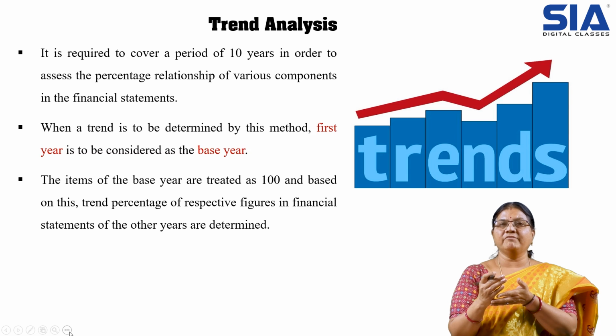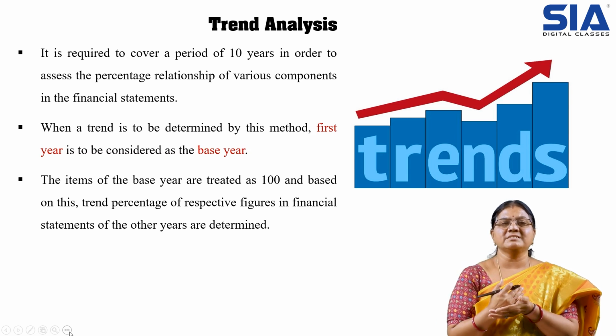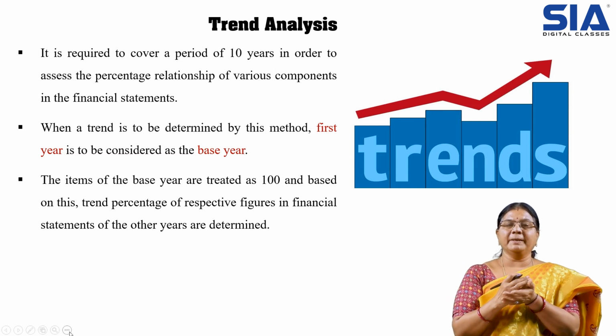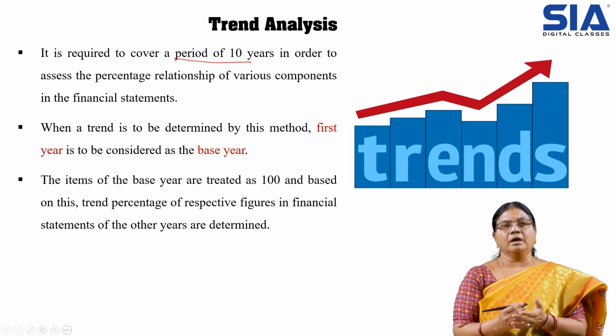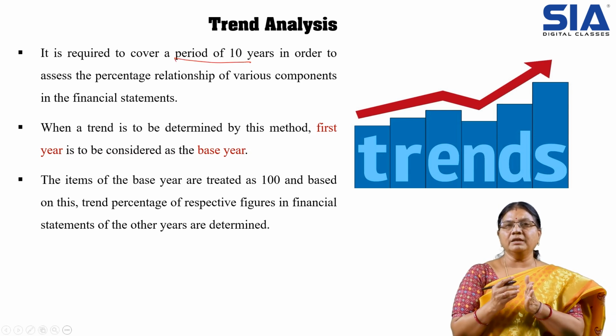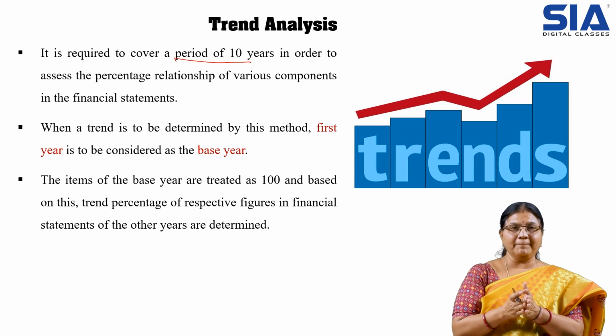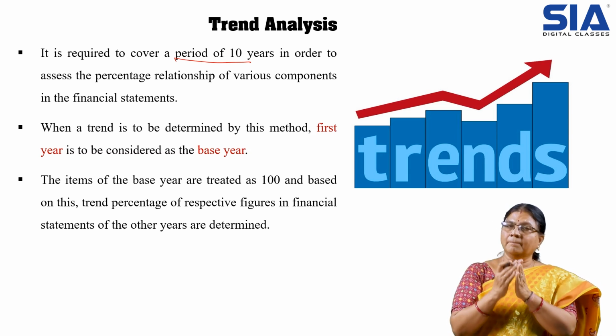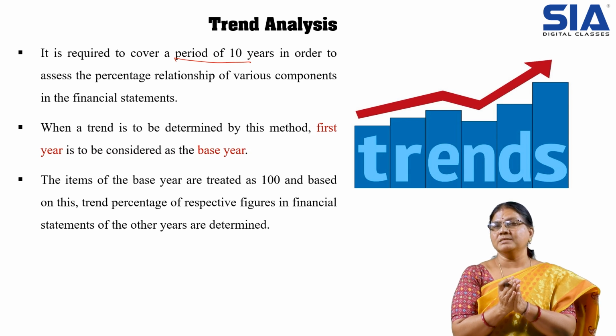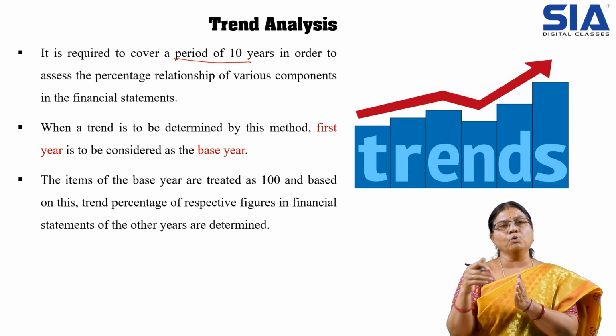So first of all, when we are trying to do the trend analysis, we should cover a period of at least 10 years, so that we can understand whether the position of the company is moving in a favorable or positive direction, or it is performing in the negative way, that is, it may be going in a downward way.